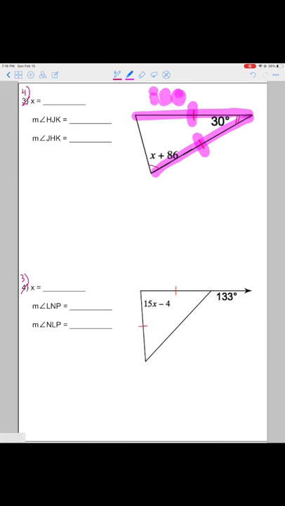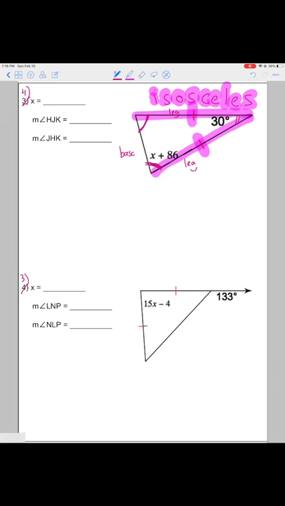So this whole triangle is isosceles. Which means the sides are congruent and it means the base angles are congruent. Which means this angle is a base angle because this is the base, these are the legs, and this angle is the second base angle.